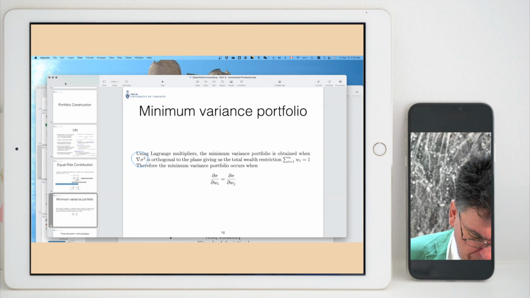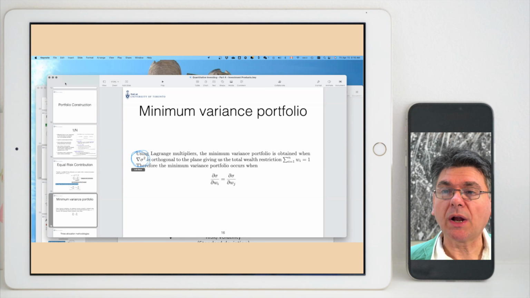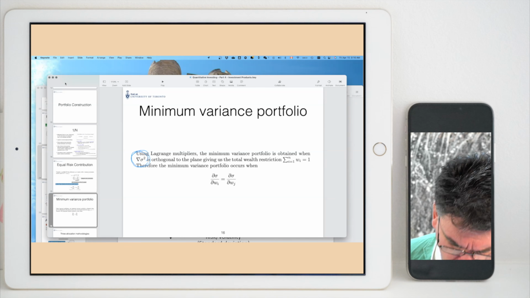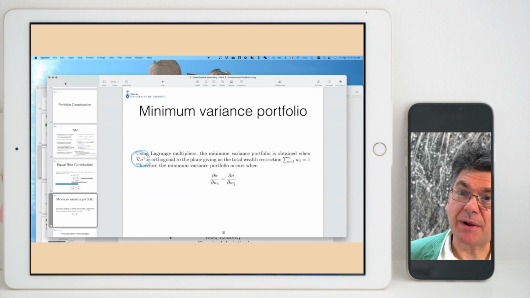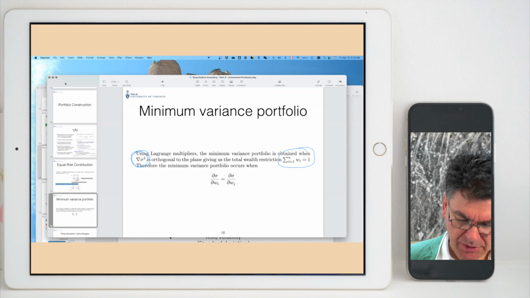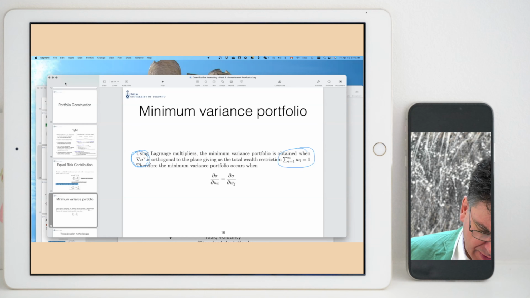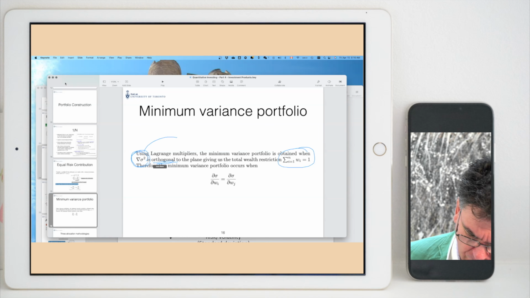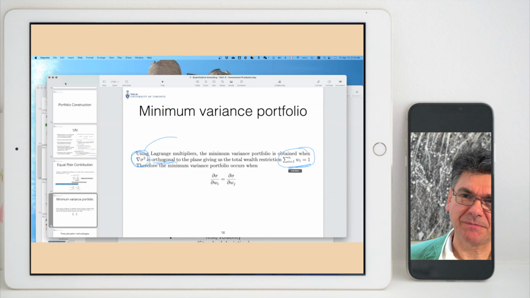So in this case, my gradient, not zero, will have to be orthogonal, will have to be perpendicular to my restrictions. What are my restrictions? My restrictions is that I have to invest all my money. So the sum of all the weights has to be 100% of my money. That's the restriction I have. Okay? So this objective function should have a gradient which is perpendicular, orthogonal to the plane that gives me those restrictions.